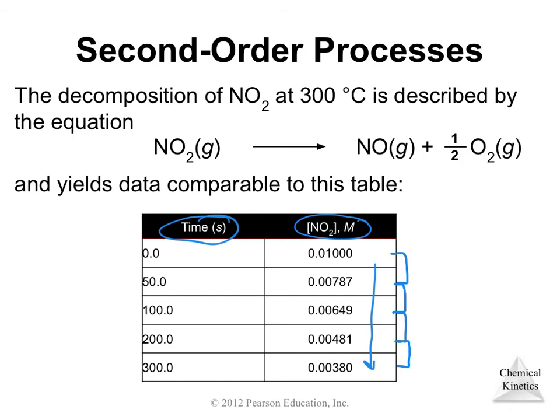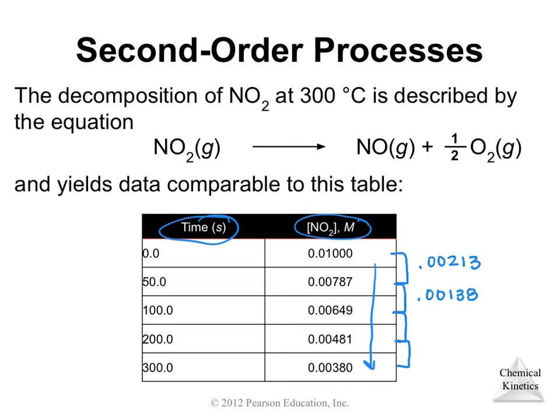So if I did 0.01 minus 0.00787, this one changes by 0.00213. 0.00787 minus 0.00649, this one changed by 0.00138.